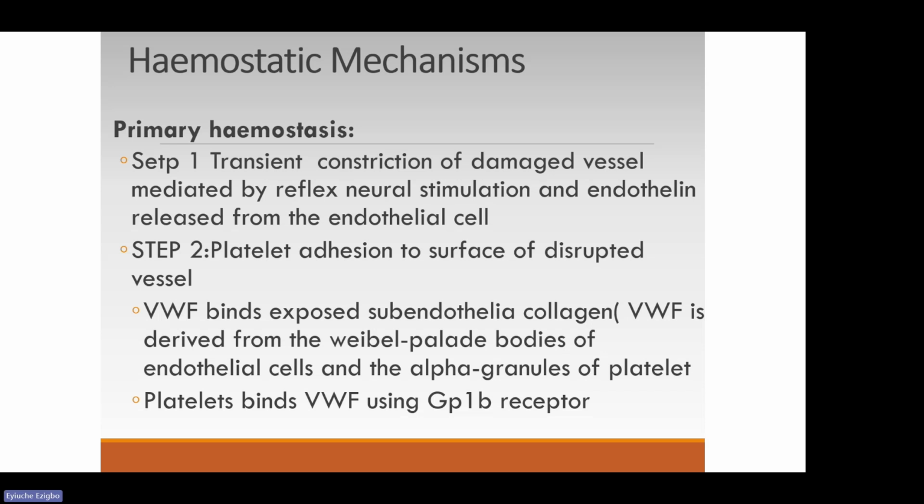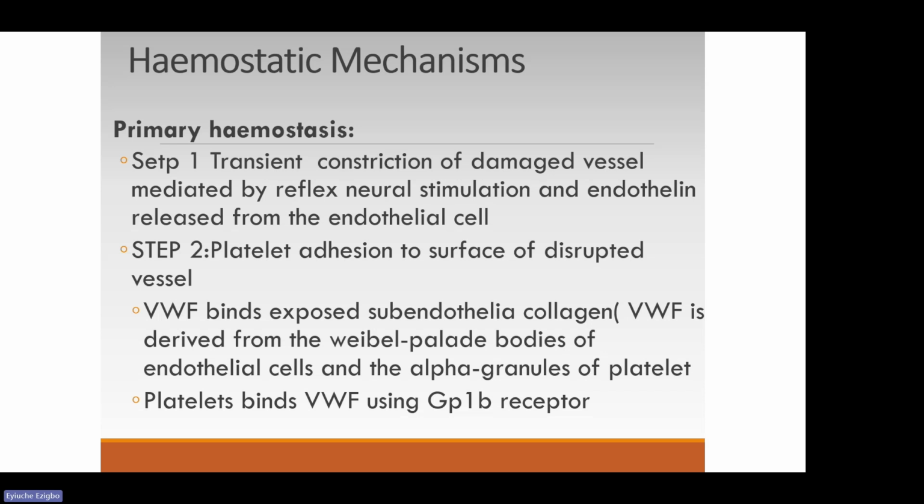The second step involves platelet adhesion to the surface of the disrupted vessel. We're going to also see this diagrammatically, and you'll see the components that are involved, but let's explain it here first.